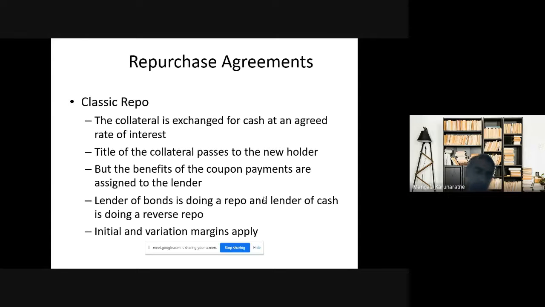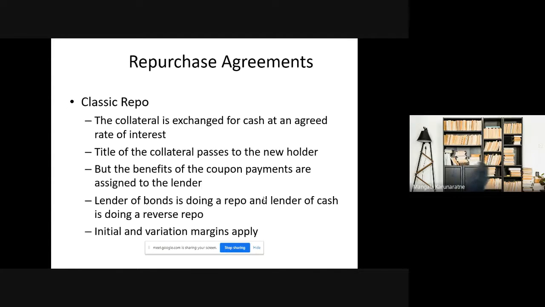So now what happens is, when we do a repo with a customer, we transfer the securities, we will call them bonds, from our account to the customer account, right? Our account to the customer account, which is in the CDS. Now, as you all know, this CDS is not the CDS with the share brokers or the Colombo Stock Exchange.